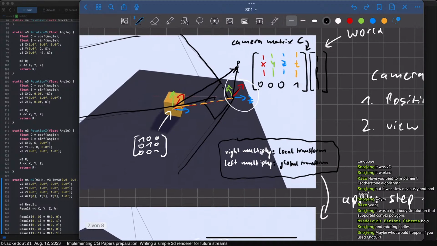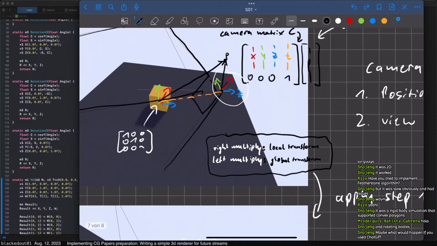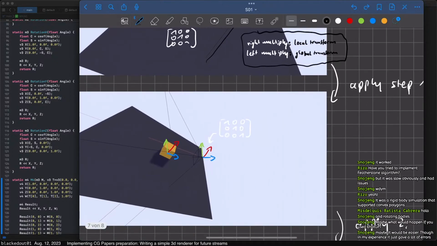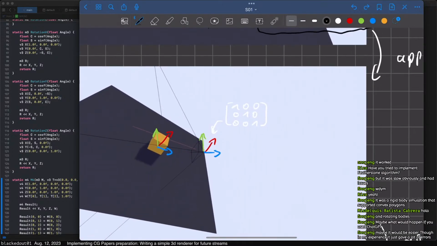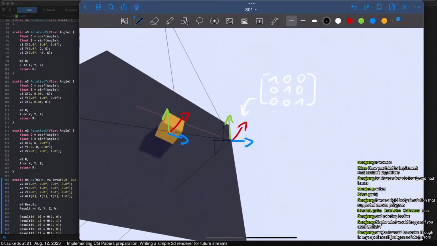So we want to multiply everything with this matrix here, because this way the cube is given, for example, this point of the cube is given in this coordinate system, and then we want to multiply it with the system.